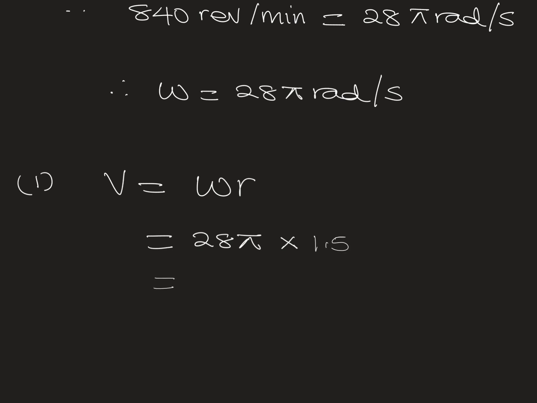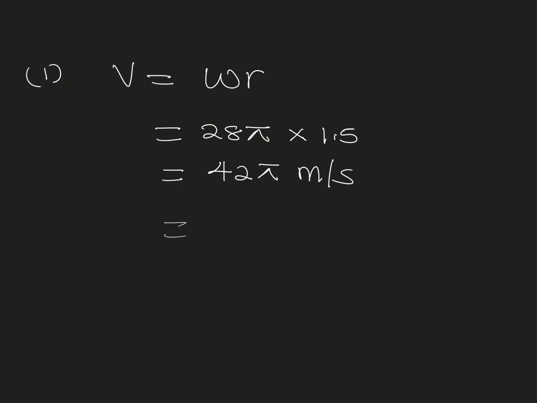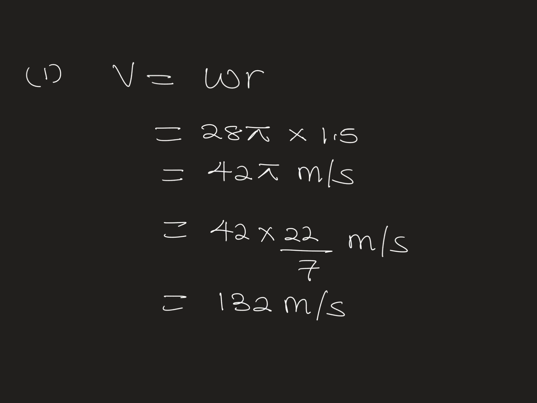So 28 times 1.5 is 42 pi meters per second. If we substitute the value of pi, that will be 42 times 22 over 7 meters per second. 42 times 22 over 7 is 132 meters per second.